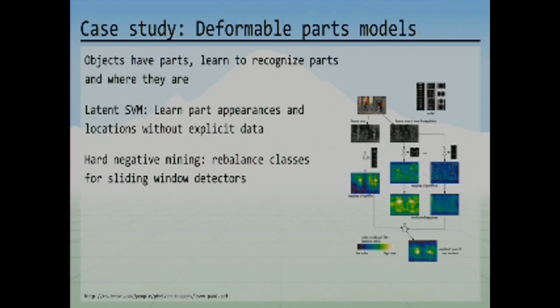And actually, in practice, deformable parts models use multiple filters per object to correspond to different viewpoints. So for example, if you think about a bicycle or a car, these things have a very canonical look if you're looking at them from the side, but they also look much different if you look at them from the front or from the back.